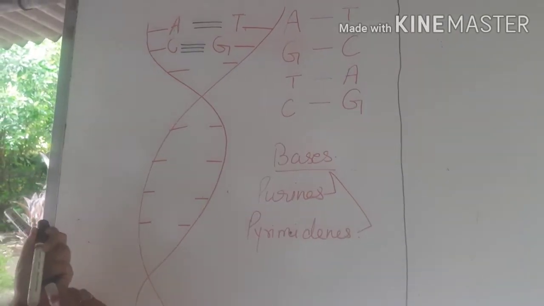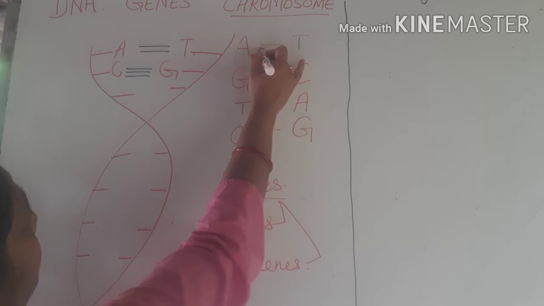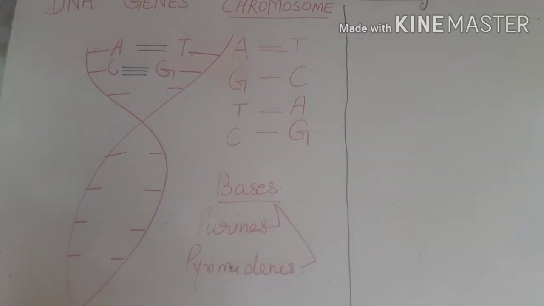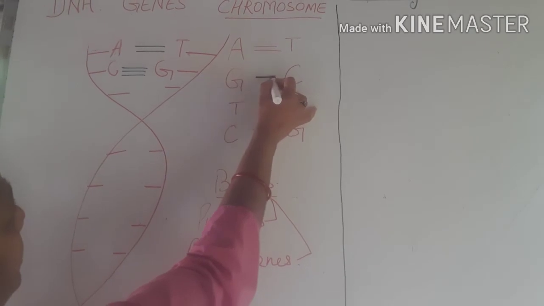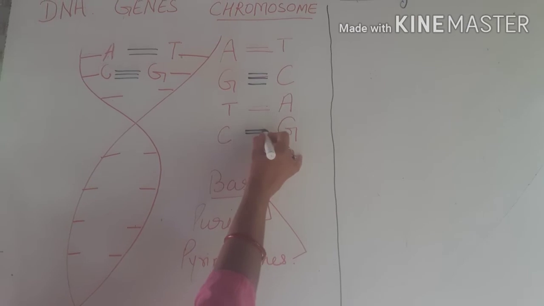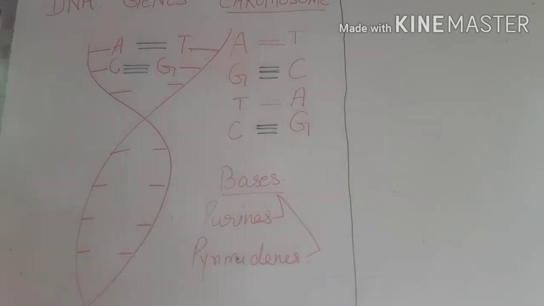So here I will show you, when A is combining with T they combine in a double bond, and G and C combine with a triple bond. This is just to give you an idea.